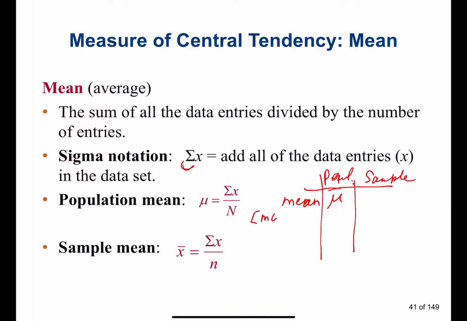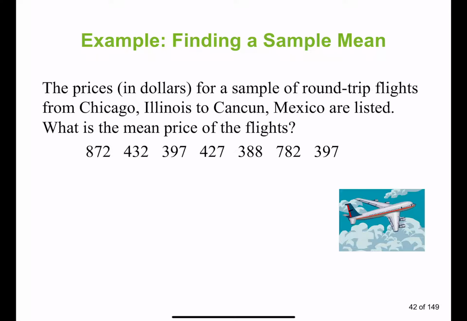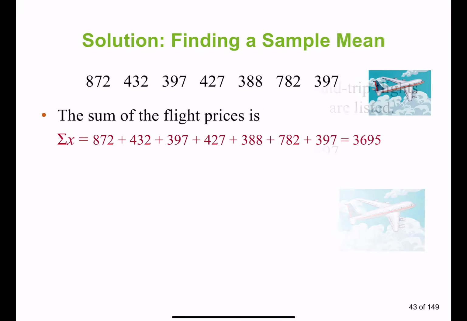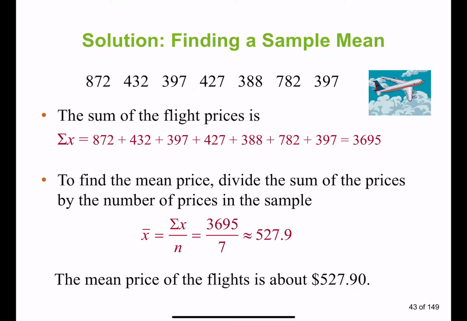So here is example, finding a sample mean. The price in dollars for sample of the round trip flight from Chicago, Illinois to Cancun, Mexico are listed. What is the mean price of the flights? So here, because we have a sample, right, we are going to use the mean as an x bar, correct? So here it is, x bar is equal sum of all x's.